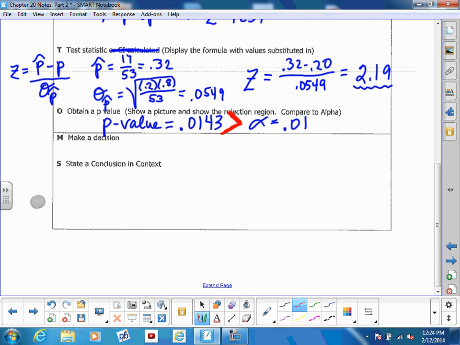No. So then what we do is we say that we do not reject the null. And the way you word that is you fail to reject the null because your p-value was not unusual enough. Your sample was not unusual enough to reject the null.